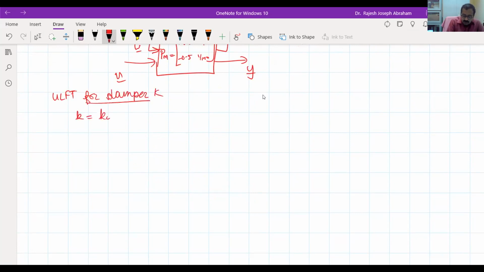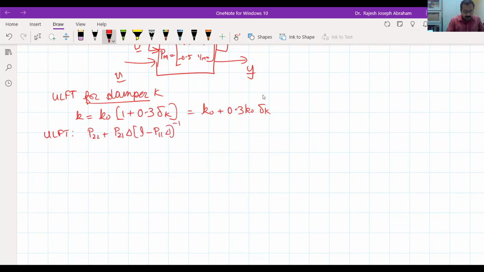K naught into 1 plus 0.3 delta K. Expand this: K naught plus 0.3 K naught delta K. Now again the ULFT equation: P22 plus P21 delta into I minus P11 delta whole inverse into P12. Again, if you do a one-to-one comparison, what will you get?